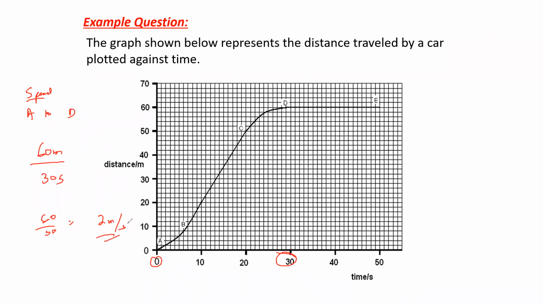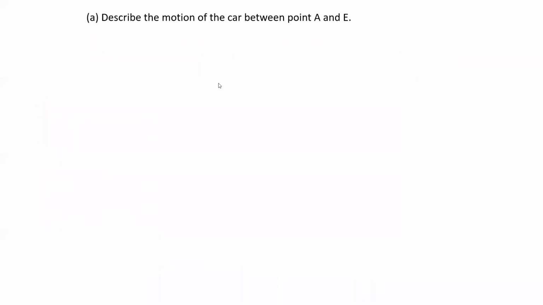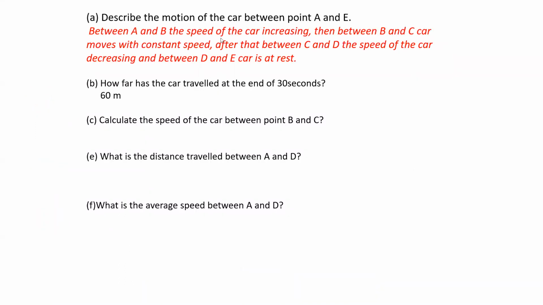The average speed will be 2 meter per second for this object. So this was 2.86 meter per second. This distance was 60 meters, and average speed is coming out as 2 meter per second.